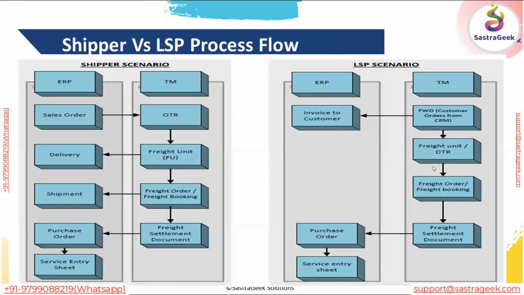At the same time, a forwarding order goes for a settlement with your customer, which creates a billing document directly on the ECC side, goes into customer accounting, and hits all COPA accounts and profitability accounts.